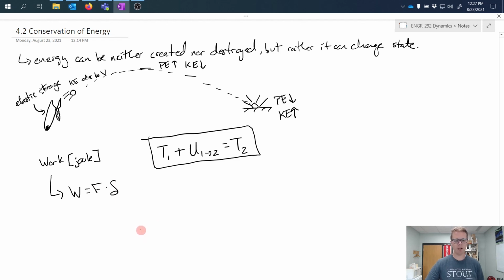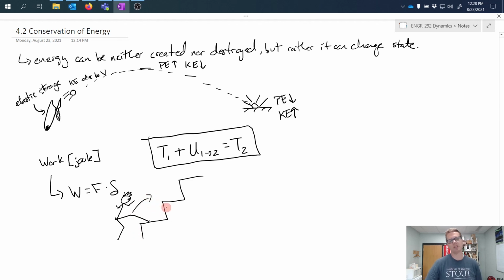So for example, if you imagine a staircase and there's a person, let's see if I can draw, probably not, a good stick figure person here walking up the stairs. And as that person is traveling up the stairs, their legs are applying a force to their body, propelling them up the stairs.